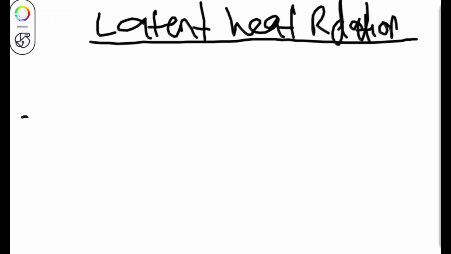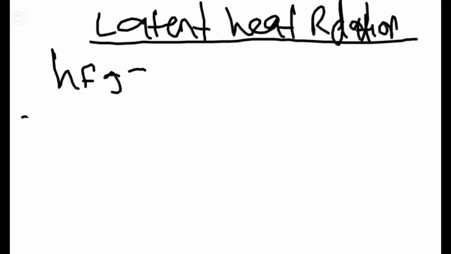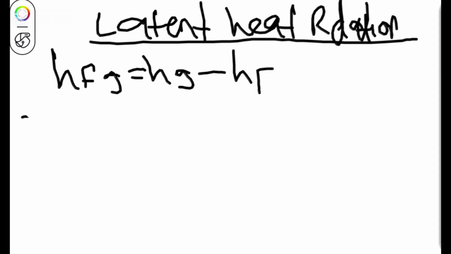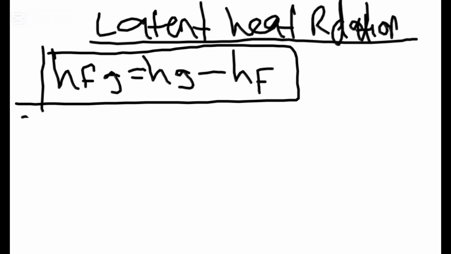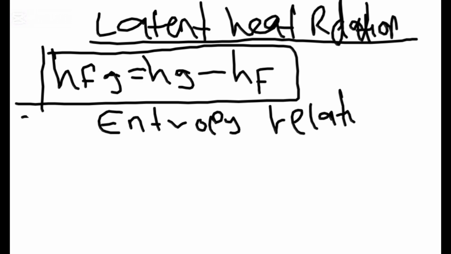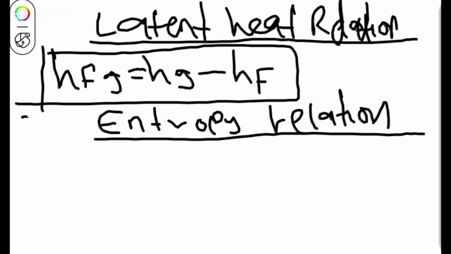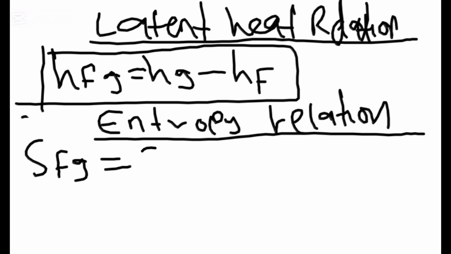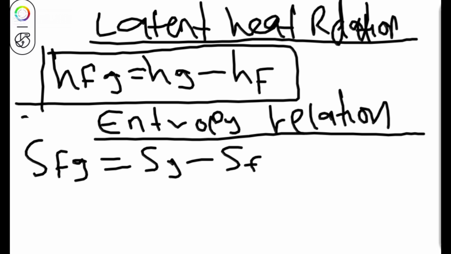We have the latent heat relation, whereby the hfg is the same thing as hg minus hf. And we have the entropy relation, which is sfg is the same thing as sg minus sf.